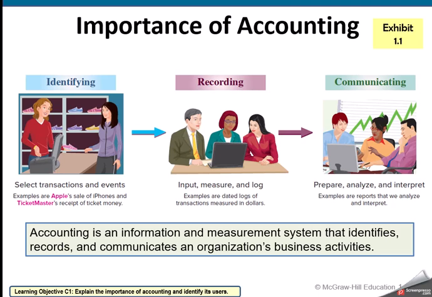And then how do I actually input those into our general ledger and then prepare reports to communicate to management and to external users such as creditors and lenders and people like that. So accounting basically is the information and measurement system that identifies, records, and communicates all of the business activities.